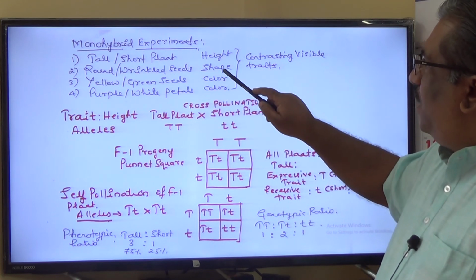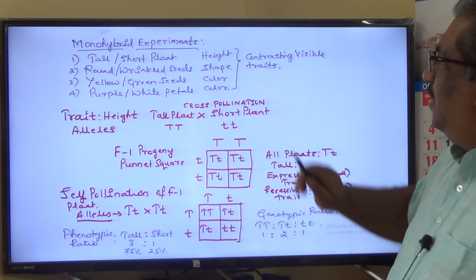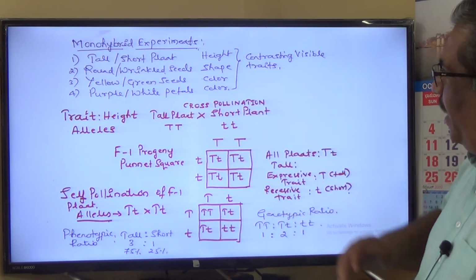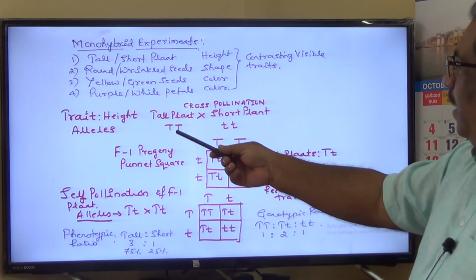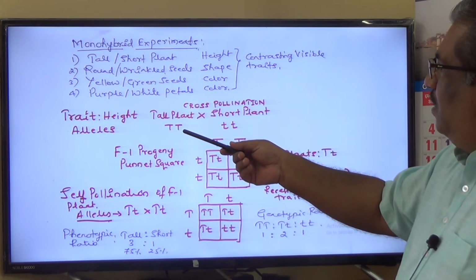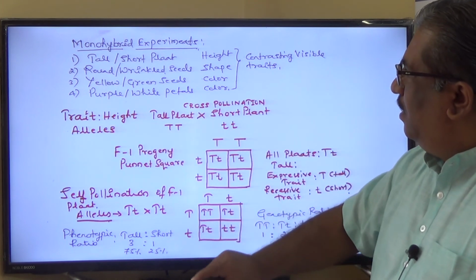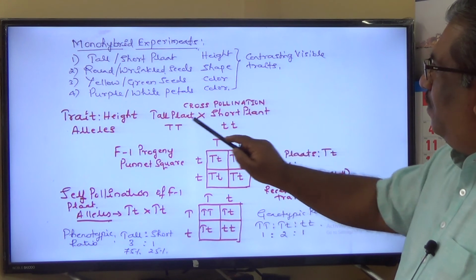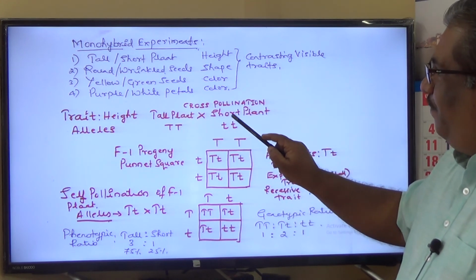So height, shape, color, these are the contrasting traits which have been taken and prepared here. So for example, in this one we are comparing the trait height, cross-pollination of a tall plant and a short plant, represented like this.